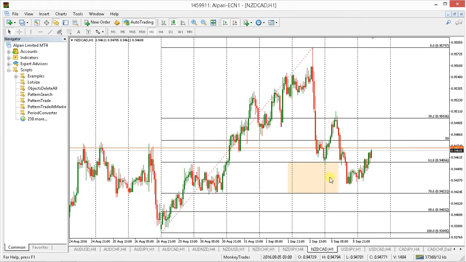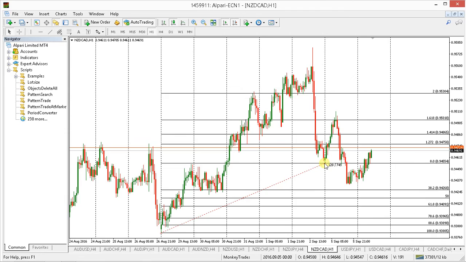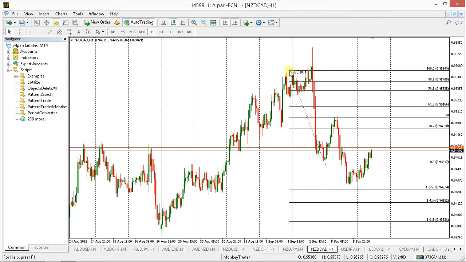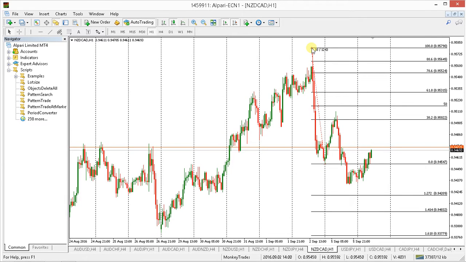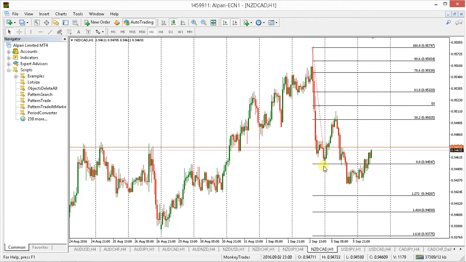Don't pay attention to candle close. In this pattern, they have absolutely no significance. Okay, after this criterion is done, then you measure the A to B leg. This is the B point, this is the A point. And you look at the retracement of this leg, the AB. And the first thing you need is the 0.382 retracement.